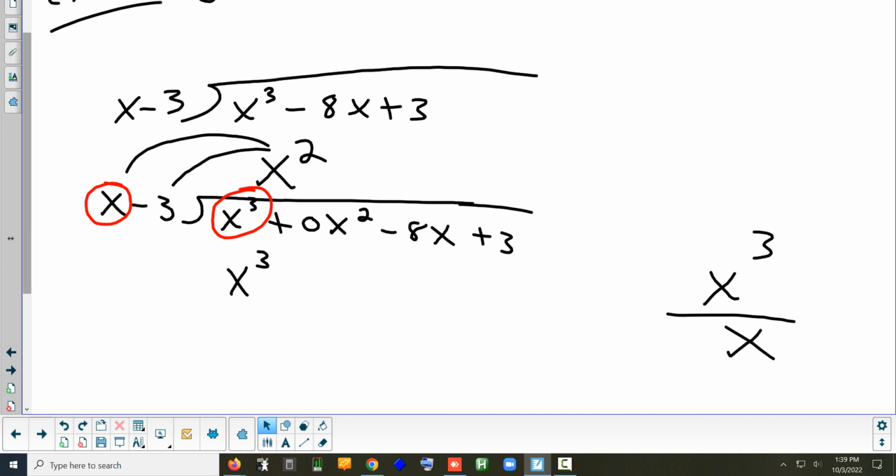Is it x to the 4th? No, that'd be if you had like x squared times x squared. That'd be x to the 4th. Okay. So we have negative 3x squared. Yeah, there's not really much we can do with it. x squared times negative 3 is just negative 3x squared. And that's it for that step.